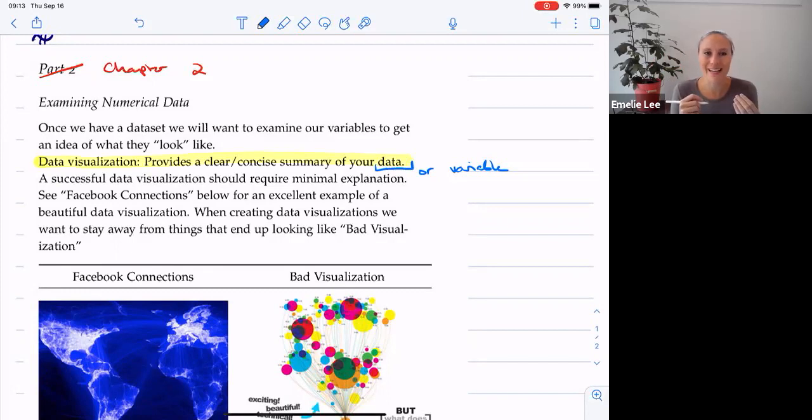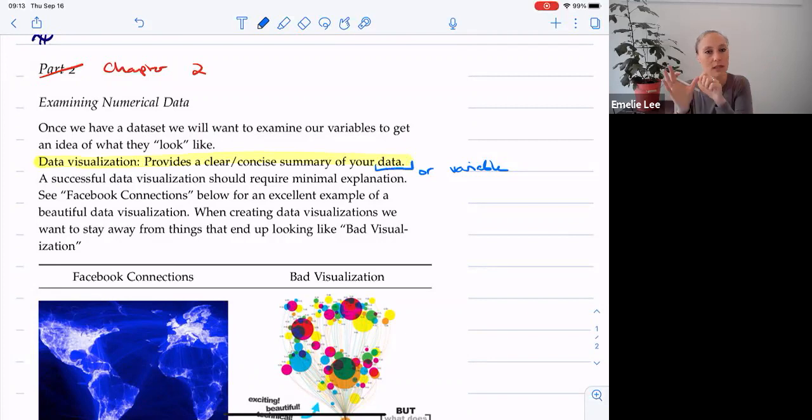The key thing is that when you've made a visualization, no matter what it is, someone who doesn't know what you're talking about, who has no clue about the data, should be able to look at your graph and understand what's happening.